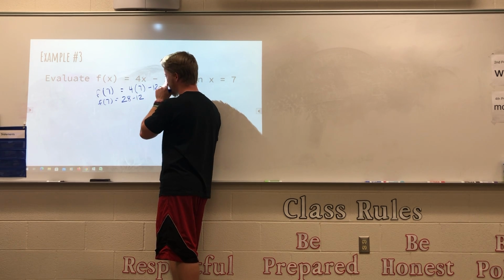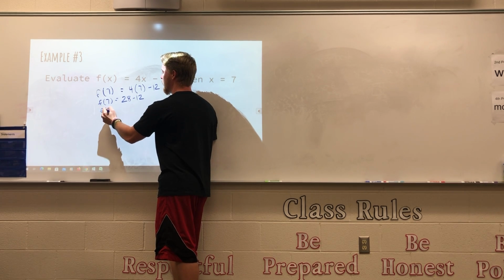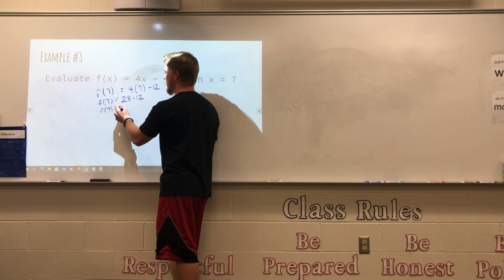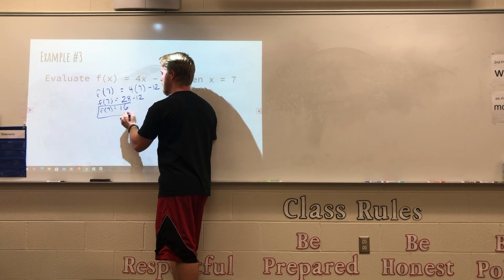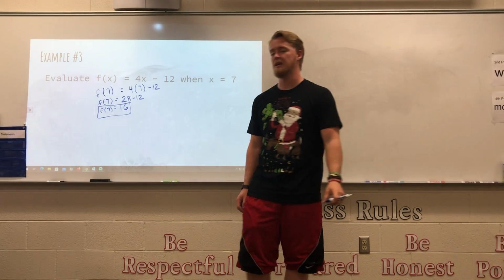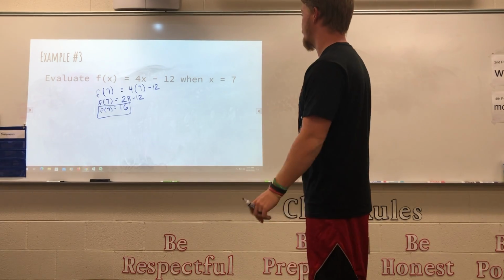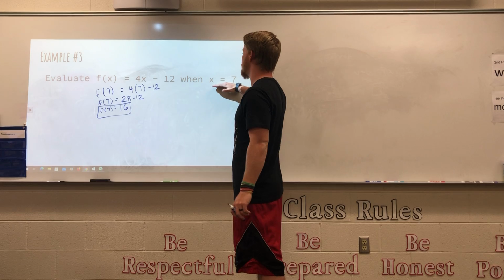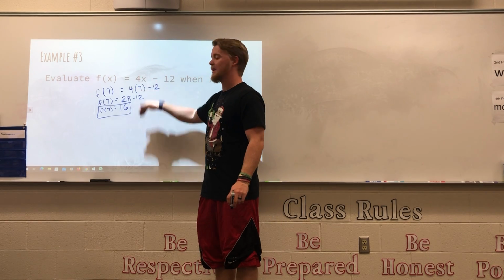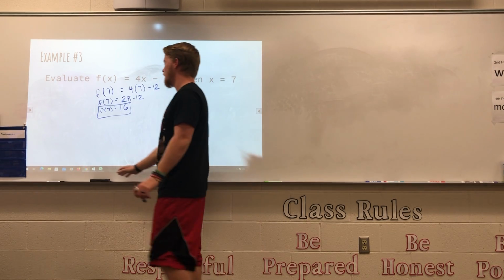Bring down my minus 12. And then f of 7 equals 28 minus 12 is 16. So your answer for that one would be 16. So when they're in that form, all you're doing is taking the value they give you and plugging it in for x and simplifying to get your answer.